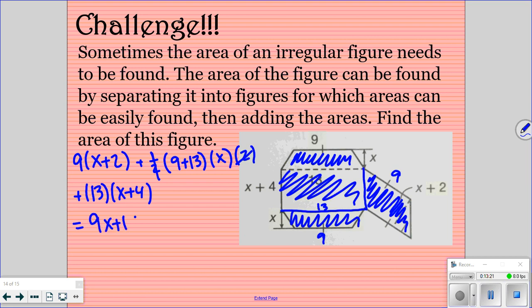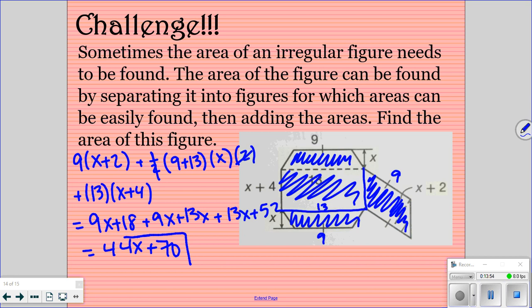So 9x plus 18 plus 9x plus 13x plus 13x plus 52. And so 9x plus 9x plus 13 plus 13 is 44x. And then 18 plus 52 is 70. And so that would be the area you should get.